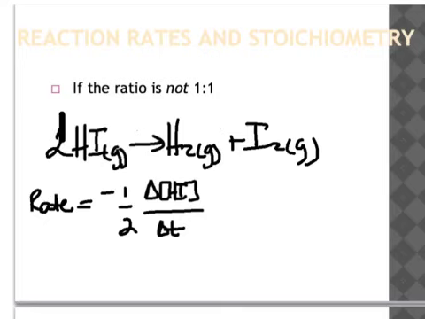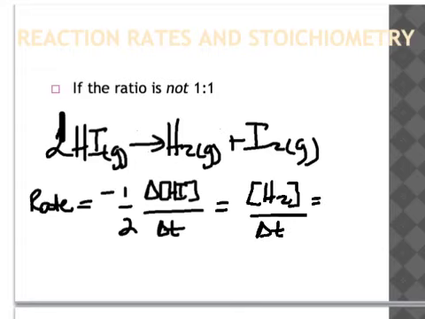And so that's going to be equal to the rate of appearance of the change in the hydrogen concentration over time, which is going to be equal to the change in the concentration of the iodine gas over the change in time. So, once again, the rate of disappearance of the hydrogen iodide gas is going to be double the rate of appearance of the two products.